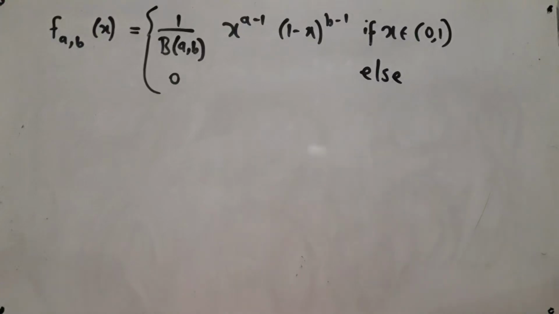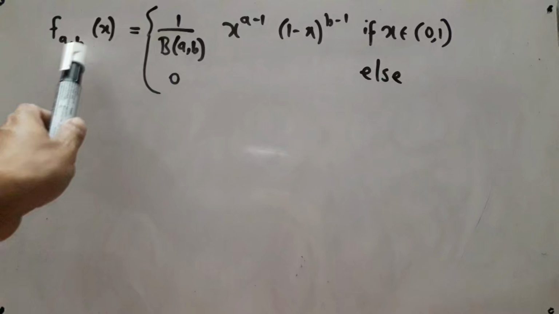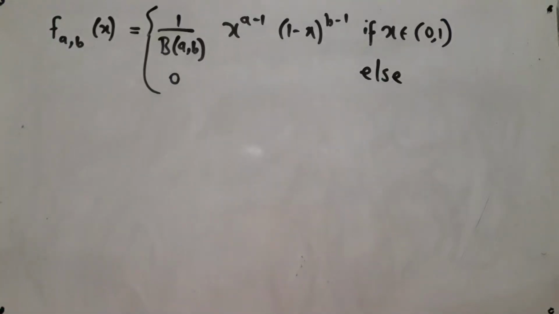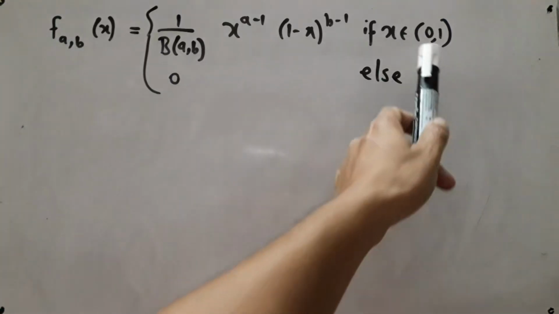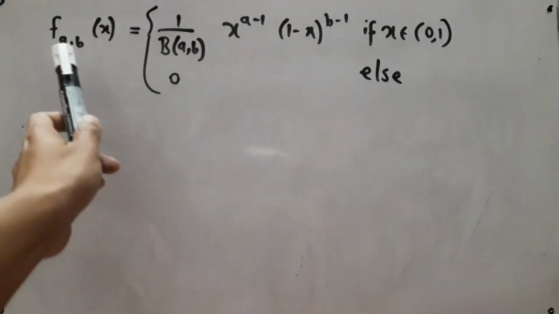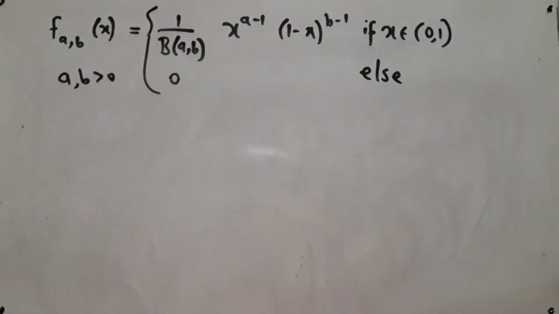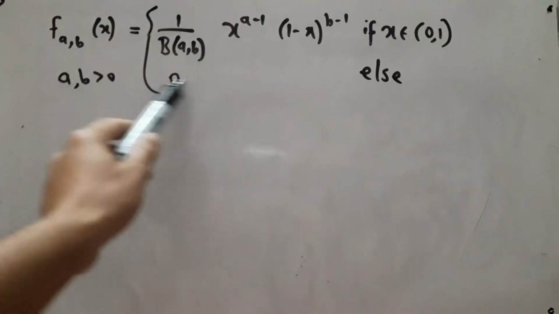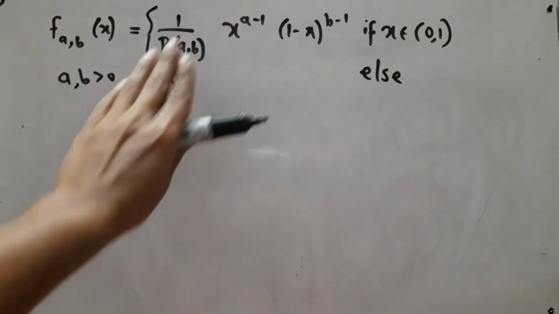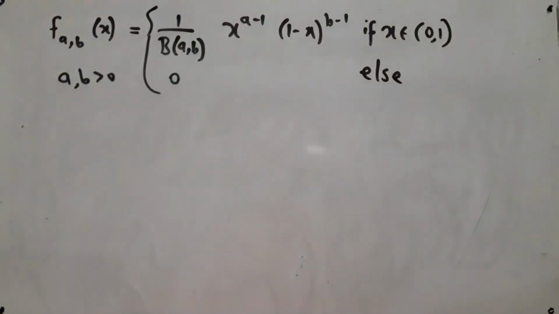Now we shall see the different forms or different shapes of the density of the beta distribution depending on the values of the parameters a and b. Now we need to plot it only over 0, 1. Remember, a and b are both positive, and since this is just a positive constant, we can forget about it when we are dealing with just the shape.